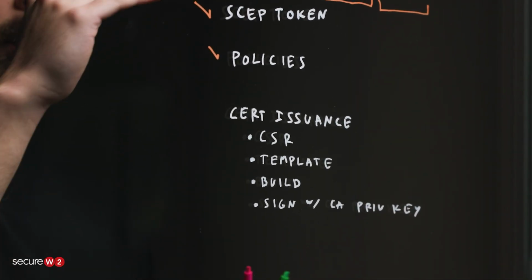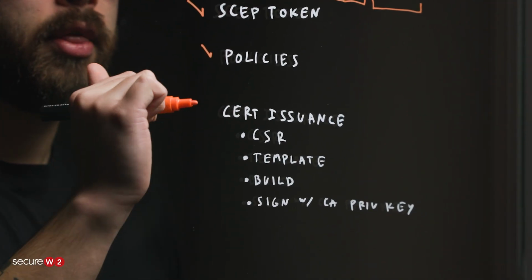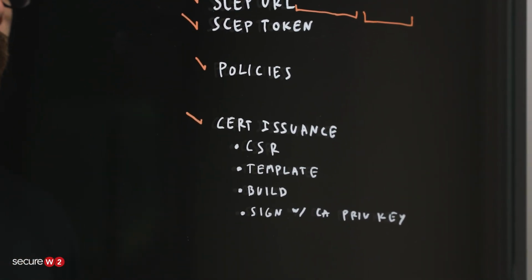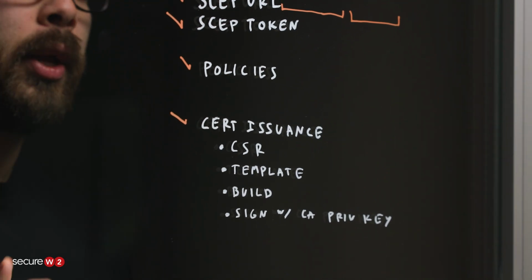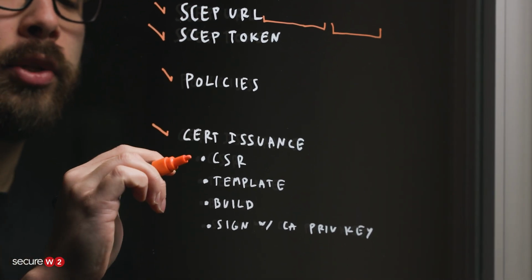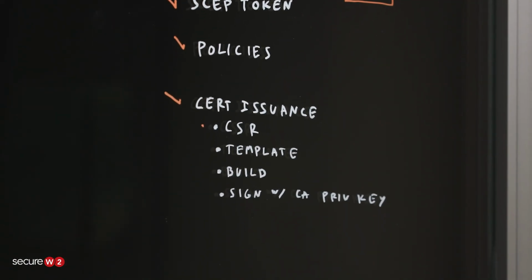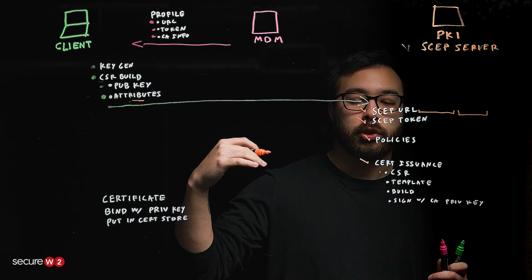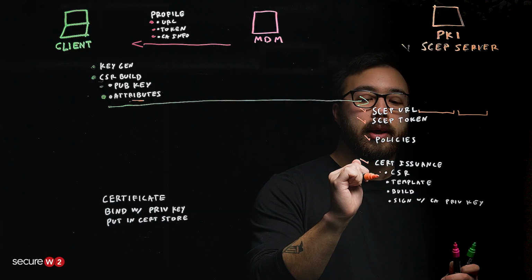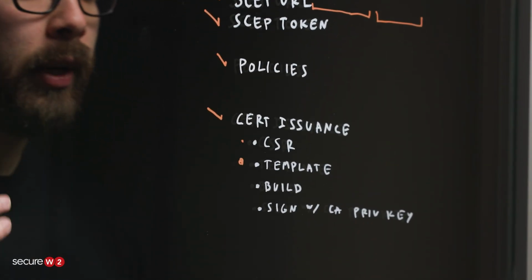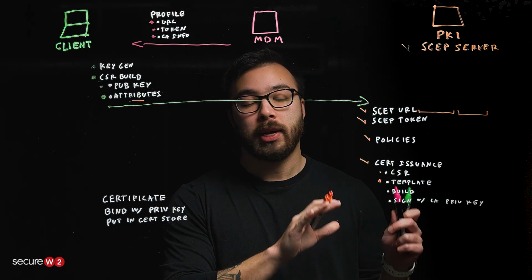But after we've gone through all the policies, then we're going to start the process of issuing the certificate. We're going to take some of the information that's inside the CSR. If you remember when we talked about some of these attributes, we're going to start placing that inside of the certificate's fields based on the template that we have.